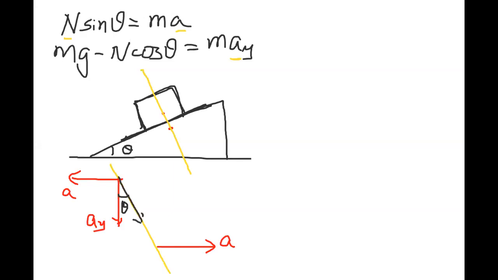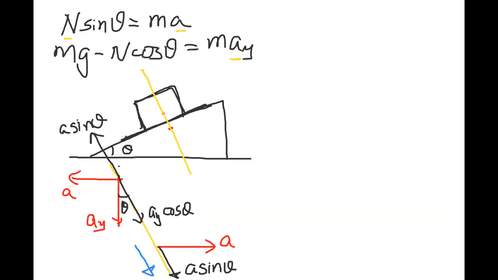So this component will become AY cosine theta. This component will become A sine theta, and this component will become A sine theta. So the net acceleration of the wedge in this direction and the net acceleration of the block in this direction must be same. Acceleration must not only be same in magnitude, but they must be same in direction.